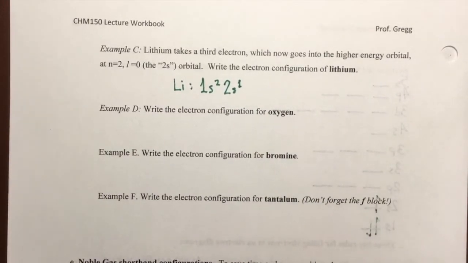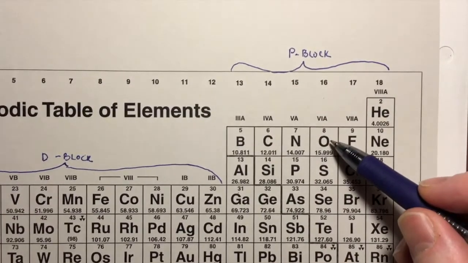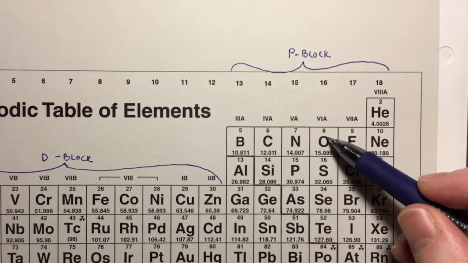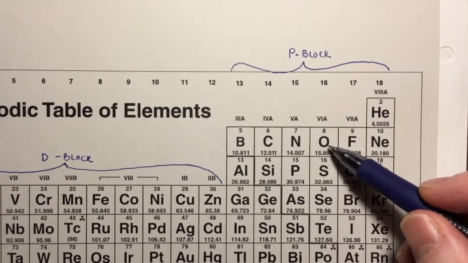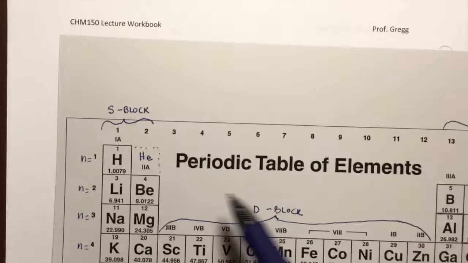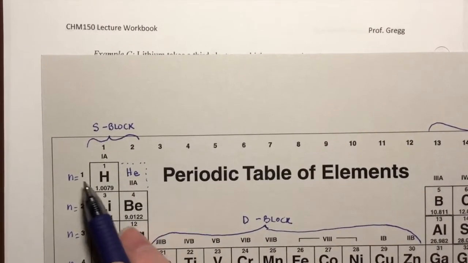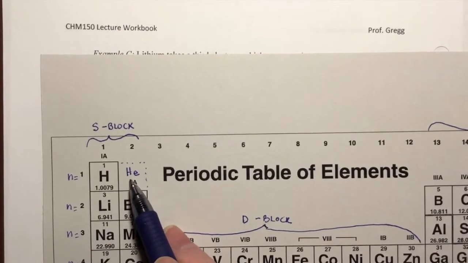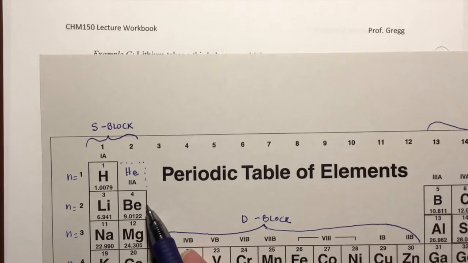Let's expand it to oxygen. So now we have oxygen here. Oxygen has 8 protons, and therefore a neutral oxygen also has 8 electrons. Where are those electrons going to go? Well, we can count them out. In the 1s, it'll have 1, 2. So 1s2. In the 2s, it'll have 1, 2. So 2s2.